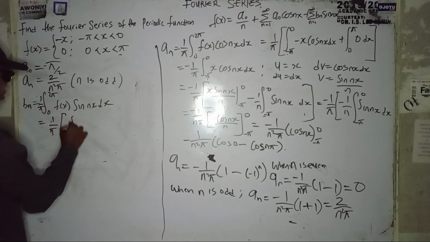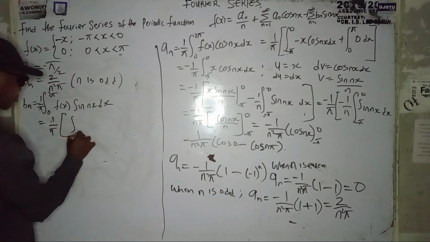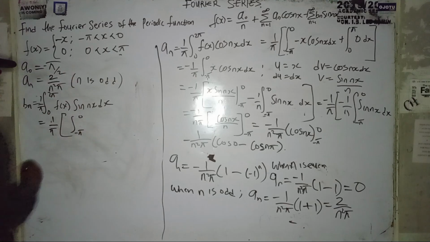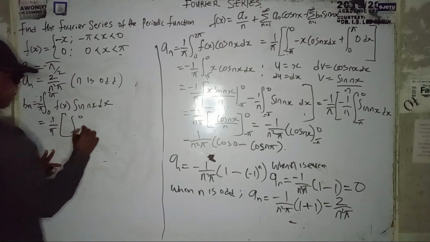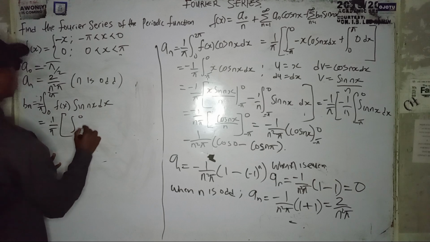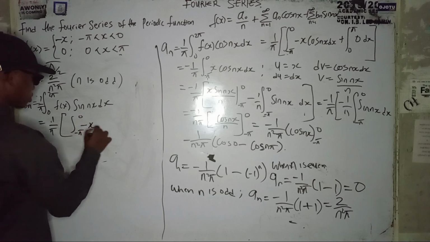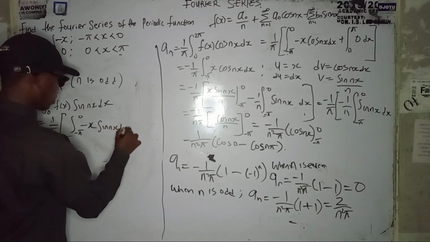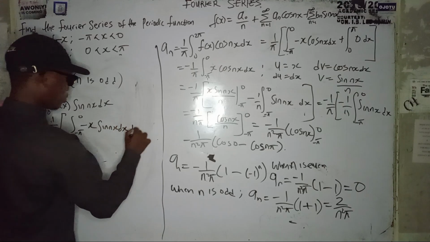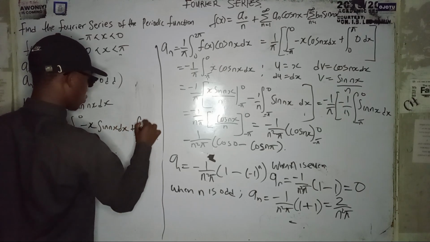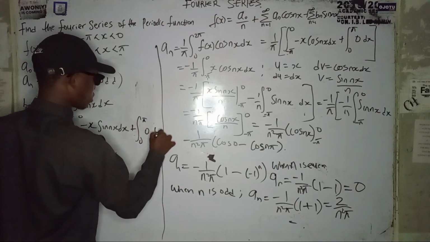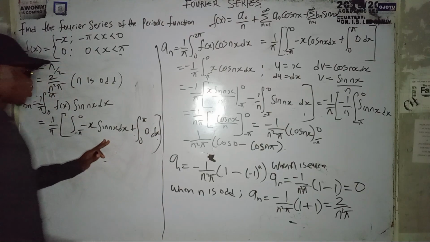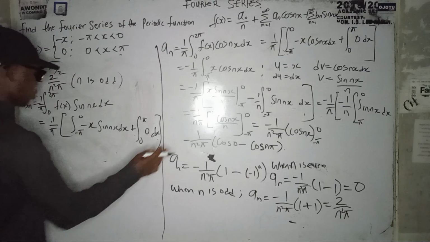We have our integration. The first one is from minus pi to 0 of minus x sine nx dx. Now we have plus integration from 0 to pi of 0 dx, because 0 is also going to multiply sine, which will just cancel out.